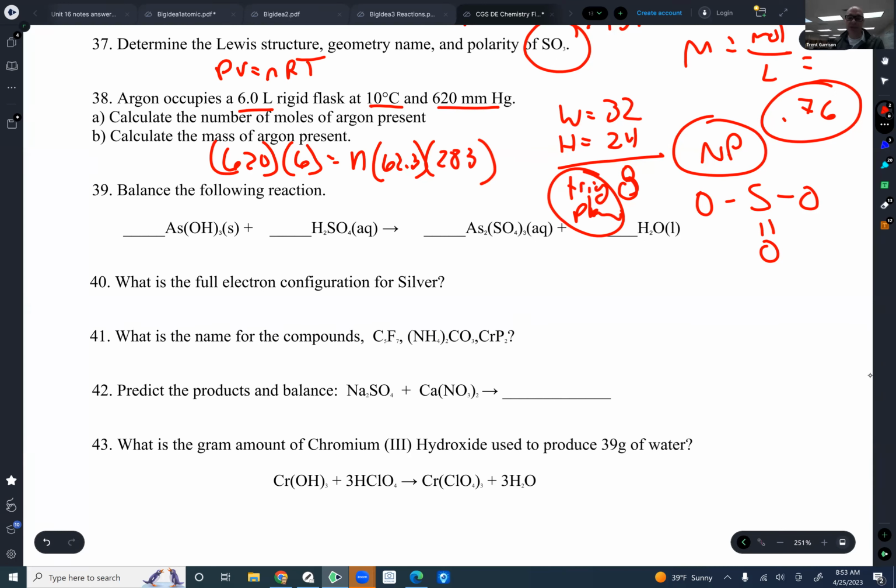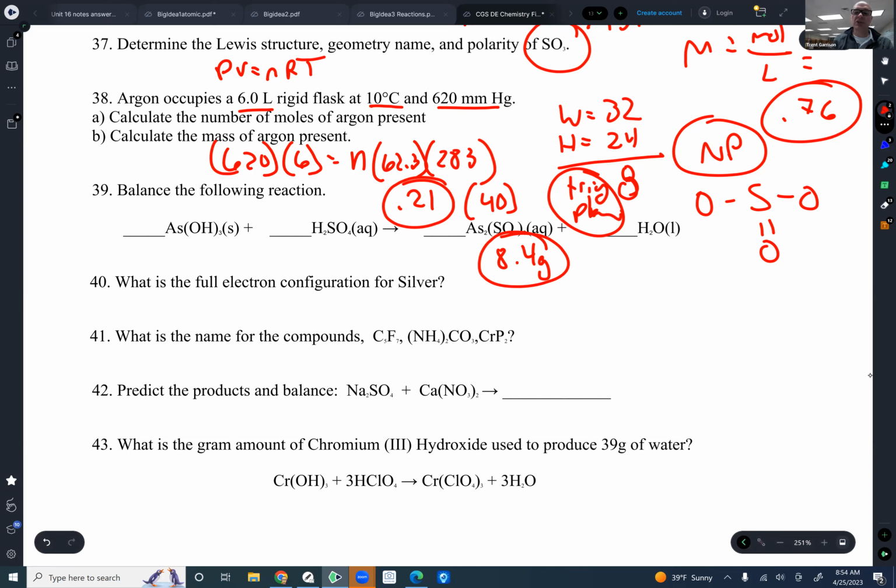So now I'm solving for n: 620 times 6 divided by 62.3 divided by 283, and I get 0.21 moles. Mass, so I convert moles into grams. The weight of argon is 40, so I'll take those moles, multiply by 40, and the mass is 8.4 grams.